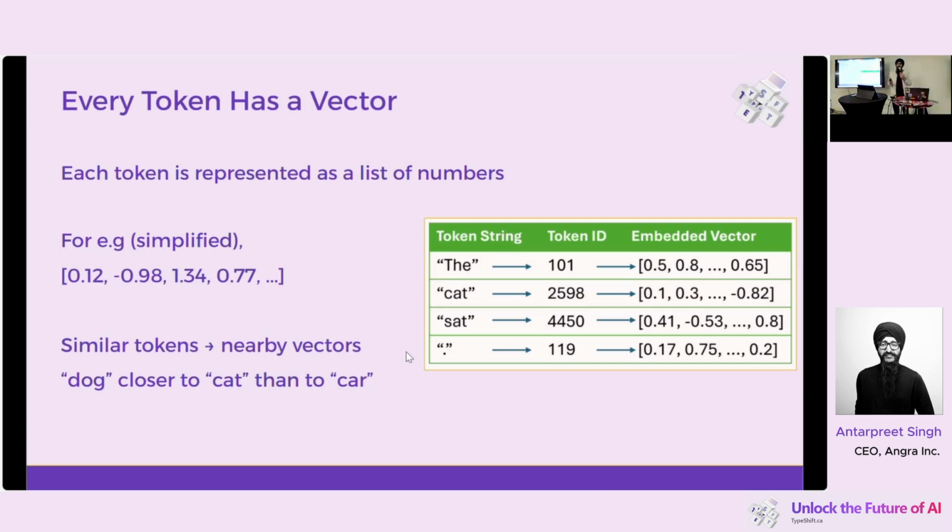Similar tokens have nearby vectors, meaning that if you have a similar word or even a similar string, as long as they are closely related to each other in the English language, they will have similar numbers as well. For example, a dog is closer to a cat than to a car. A dog, let's say, will have a 0.6 vector, cat might have 0.65, and then a car might have 1.34. So it's a completely different context. That's how it sees that these numbers are closely related, so these words should be similar in meaning.